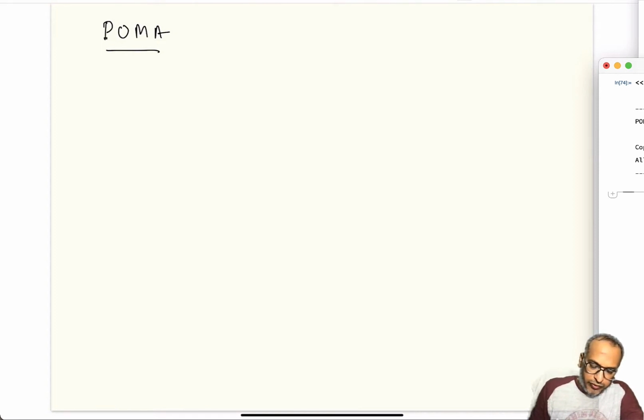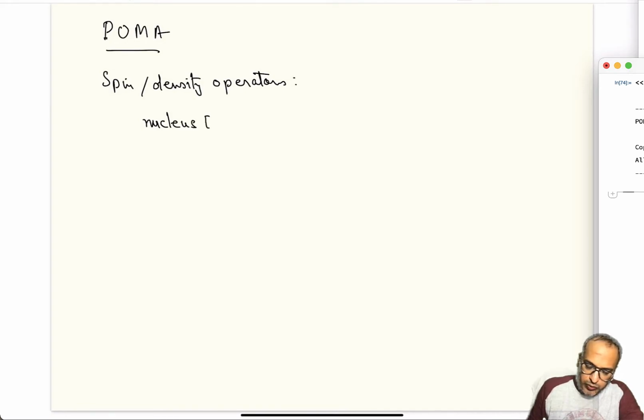The first set of commands defines the spin or density operators. And what all do we have? First is to define the spin system, which goes with nucleus. Within square brackets you write the number 1, and then you define the label of the spin.